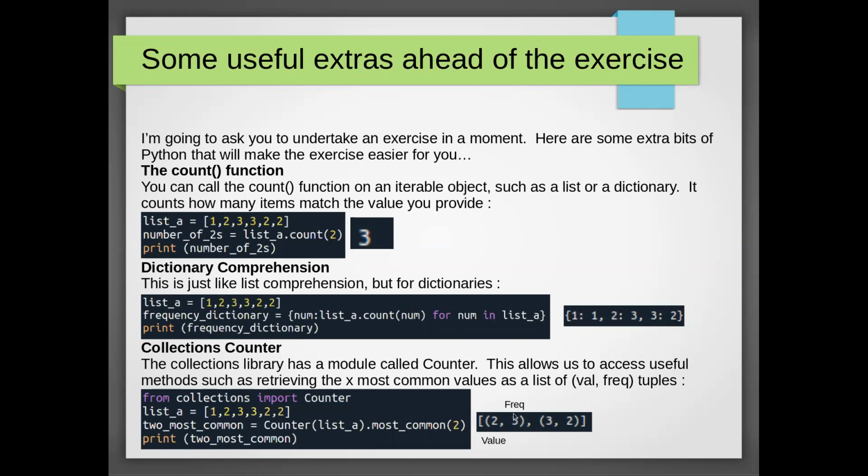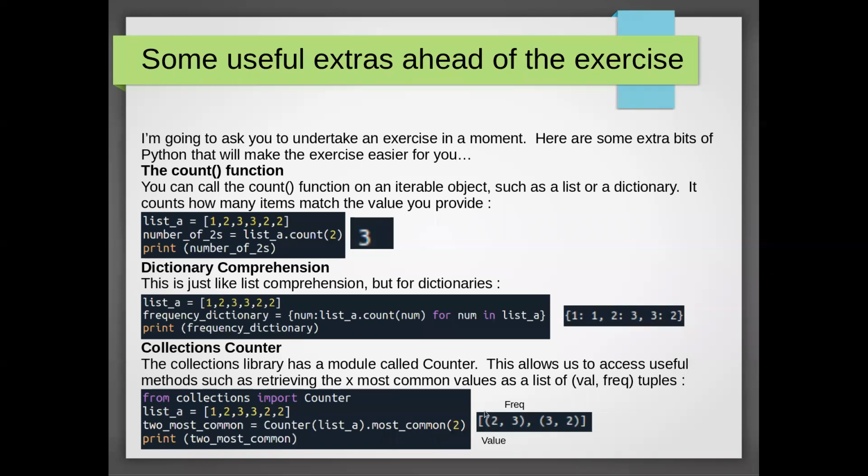So in this case, it'll then return this list of tuples. Remember, a tuple is just a set of values within a pair of brackets that cannot be changed. It's immutable. And in each case, it gives me the value and its frequency. So it's giving me the 2 most common values and how frequently they occurred.